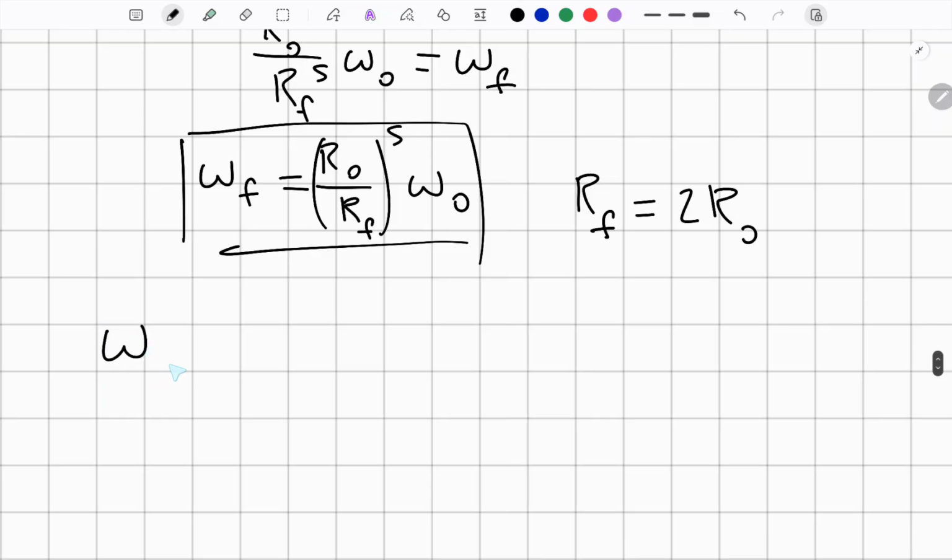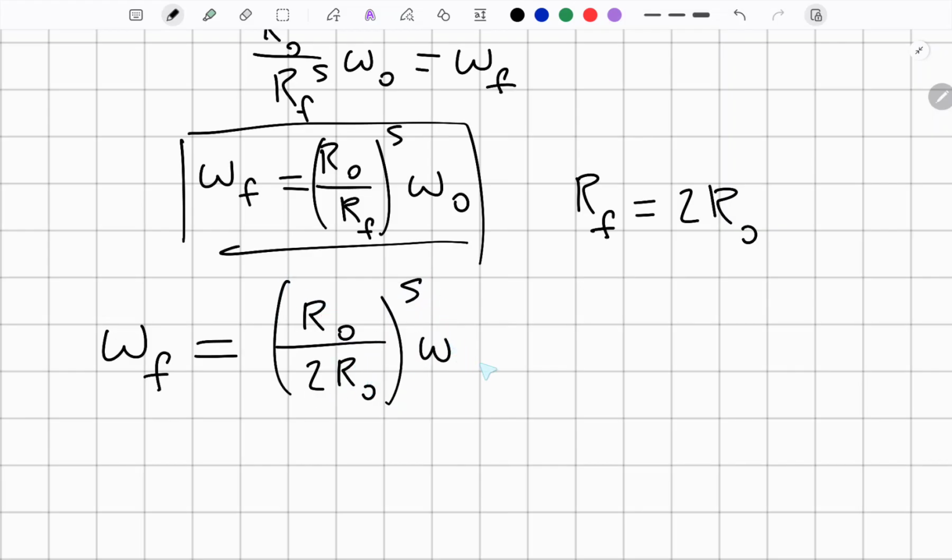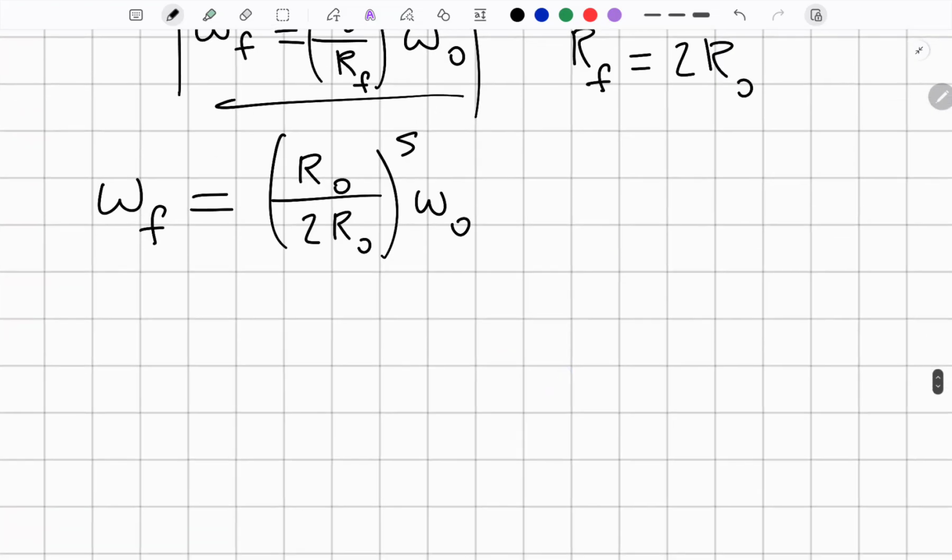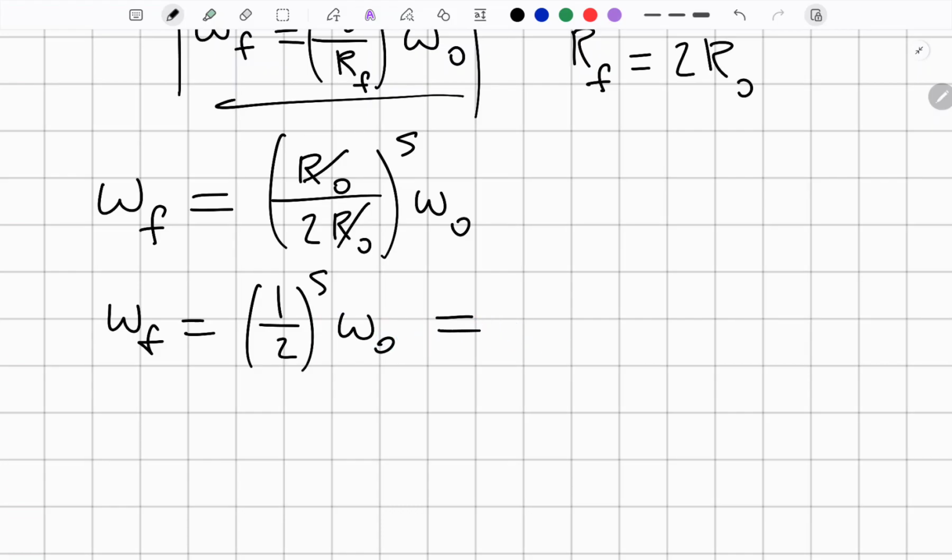So if we try and find out what the final angular velocity is when we plug that in, plugging in 2r0 for that final radius raised to the 5th power times the initial angular velocity, you're going to notice these r0s will go away, and you're just going to have the final angular velocity equals 1/2 raised to the 5th power, which is going to equal 1/32.